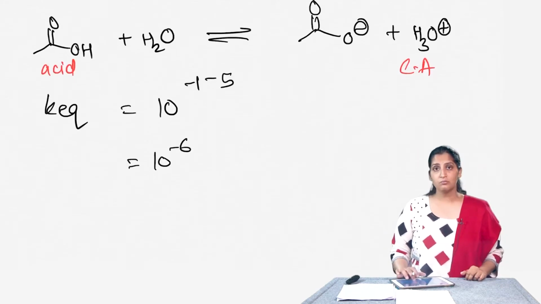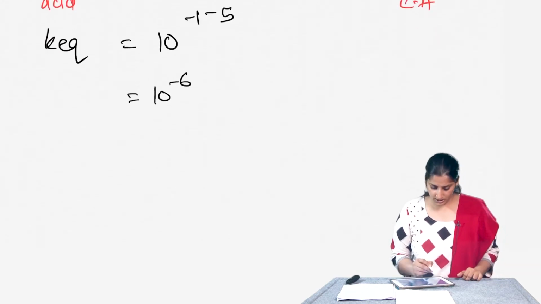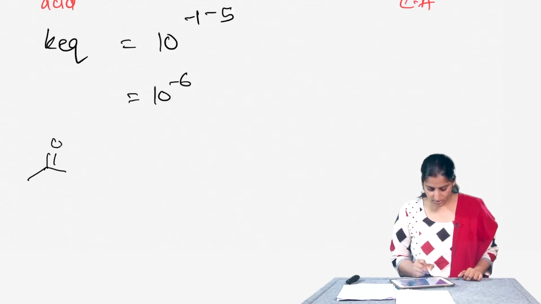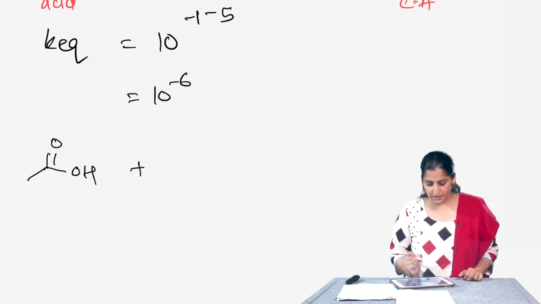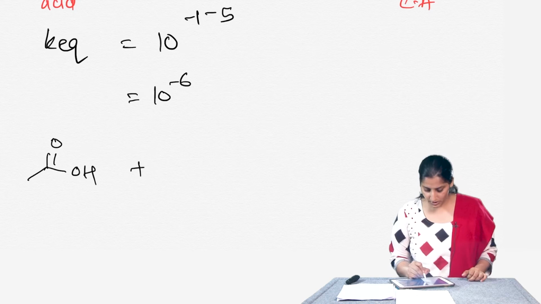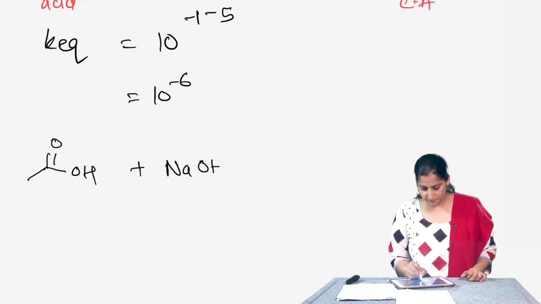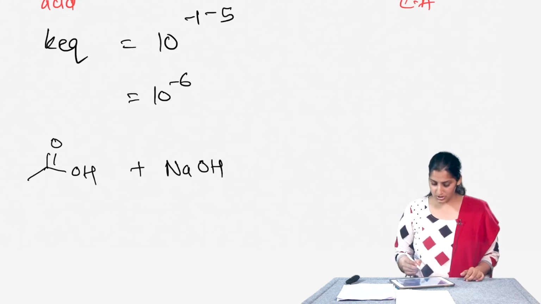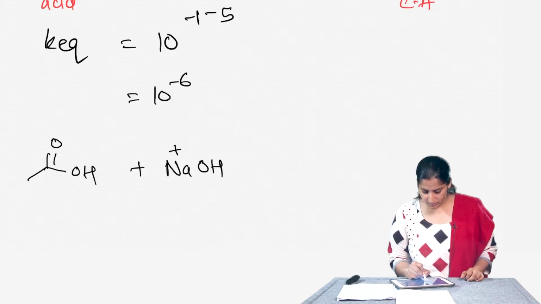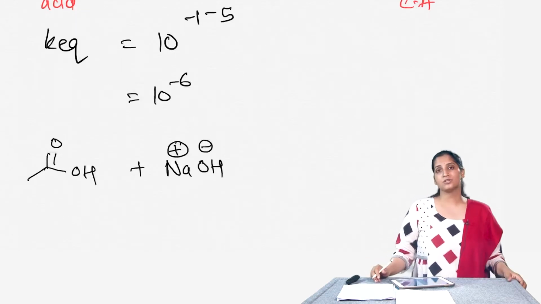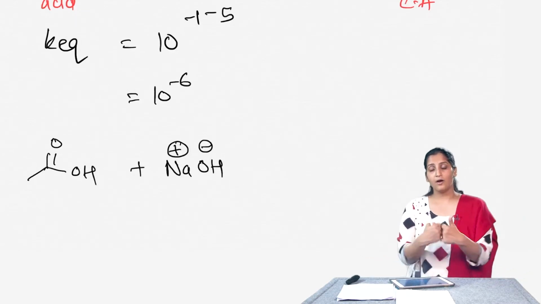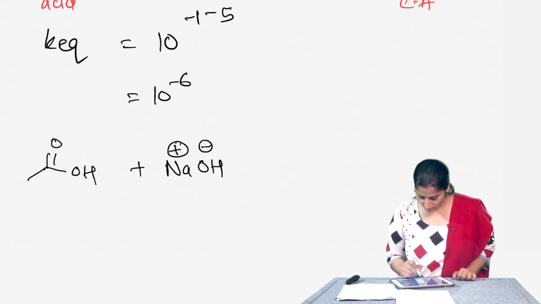Now, let us look at one more reaction. I am going to take acetic acid, but instead of taking water I am going to take NaOH. NaOH, as we know, is a base which is nothing but Na plus and OH minus, right. There is an ionic bond between sodium and hydroxide.